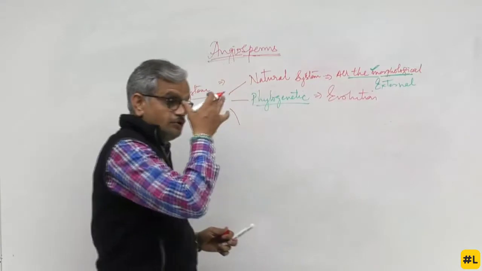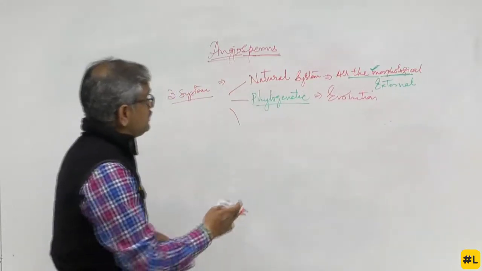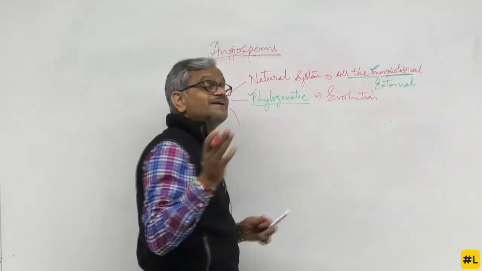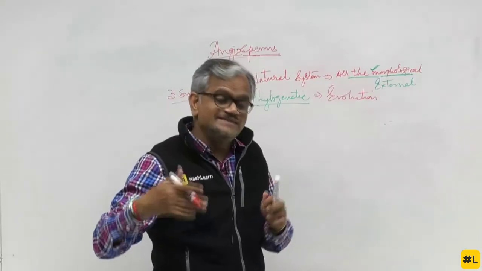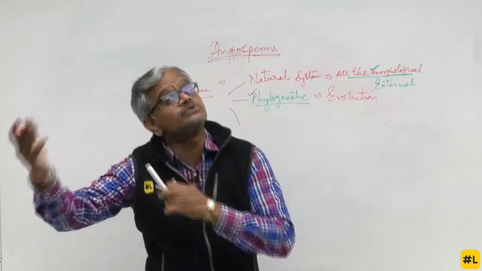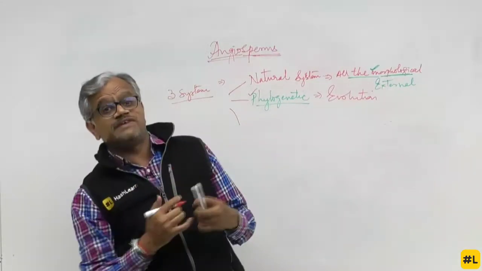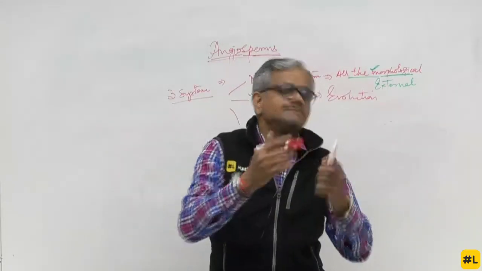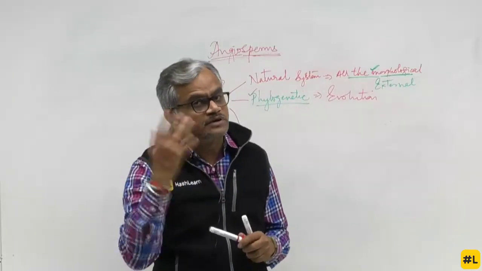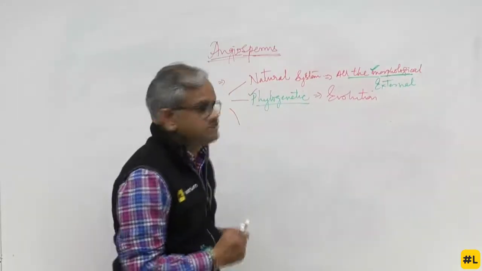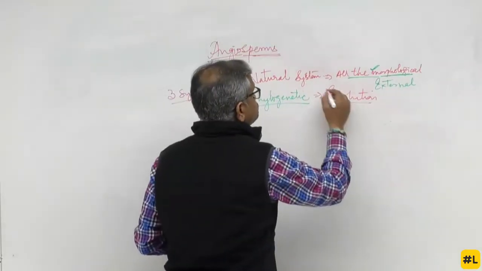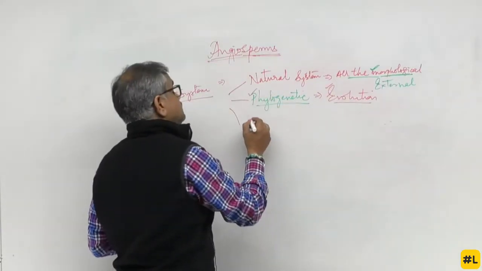And when I say evolution, how they have come and all, that is phylogeny, relationships. When I say this plant is close to this plant, is very distant from this plant, they don't have any relationship, they have this resemblance, when we use all these terminologies, it means we are talking about evolutionary tendencies, that is phylogeny.